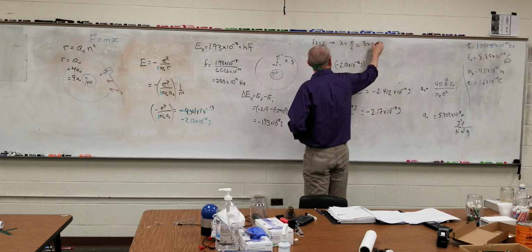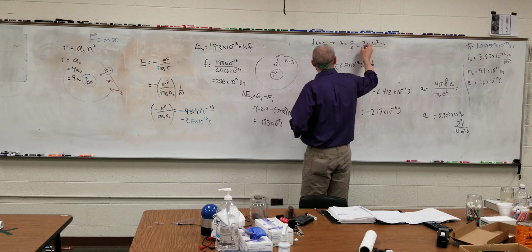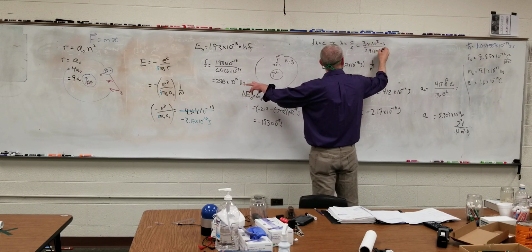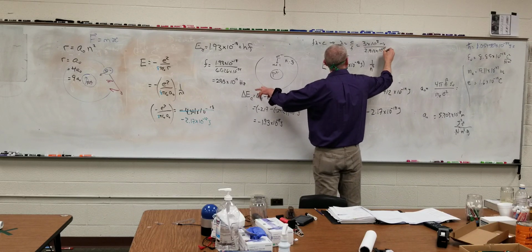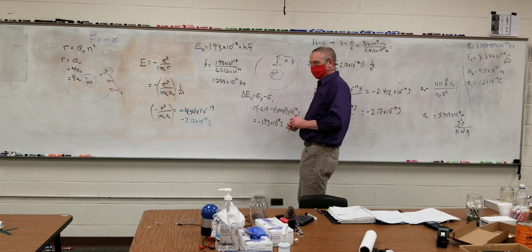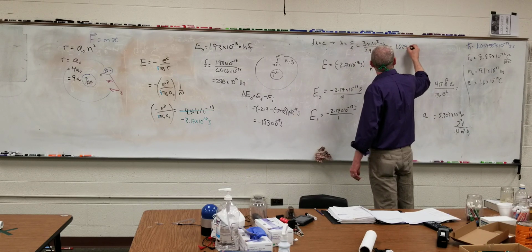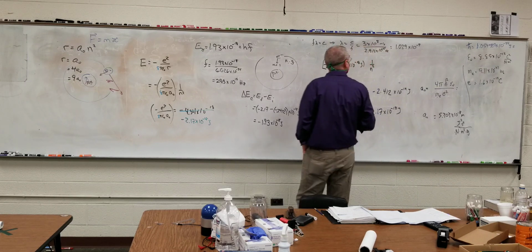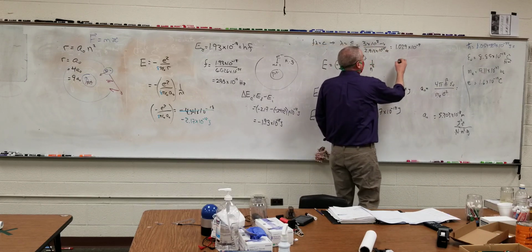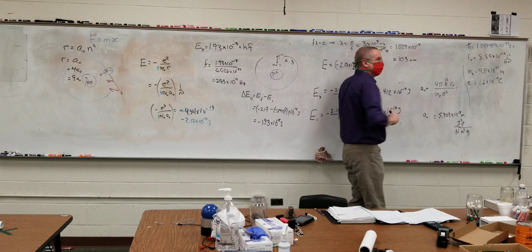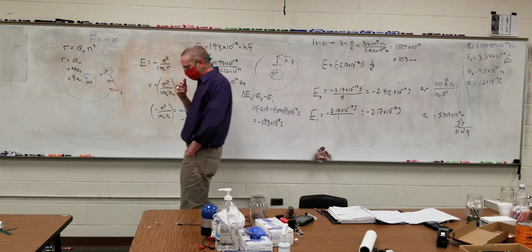So roughly 3 times 10 to the 8th meters per second divided by 2.913 times 10 to the 15th hertz. 1.029 times 10 to the negative 7. So approximately 103 nanometers. This is outside the visible spectrum.